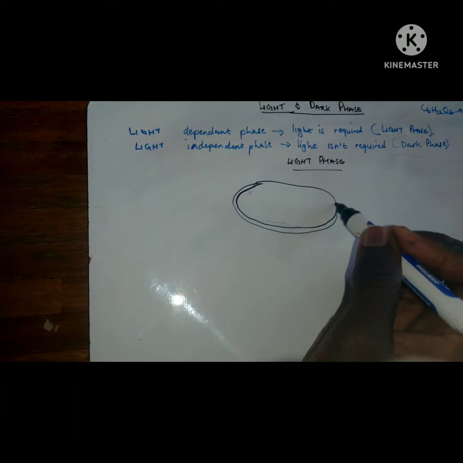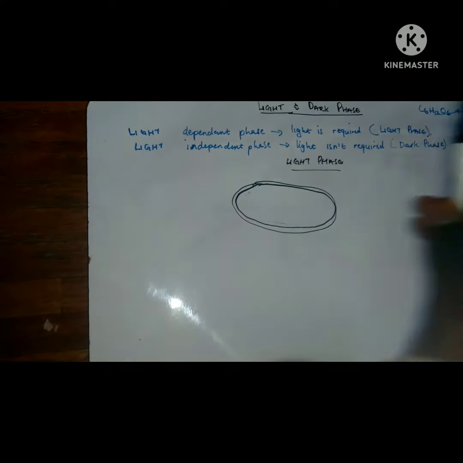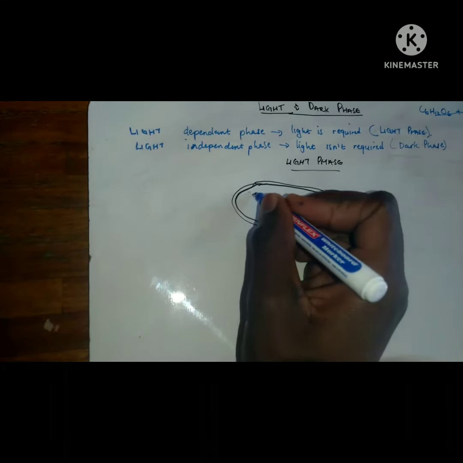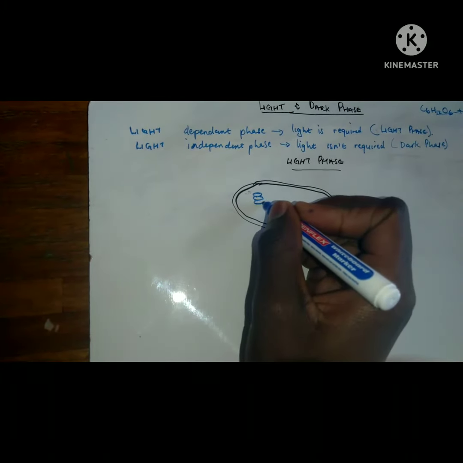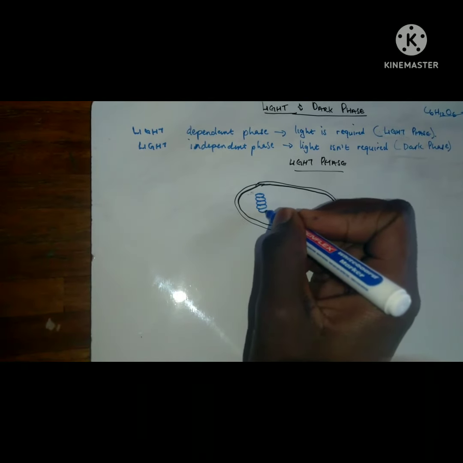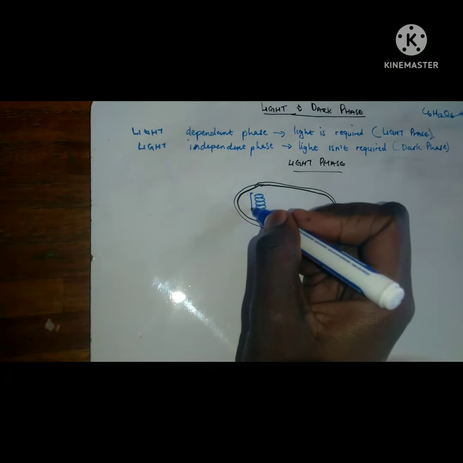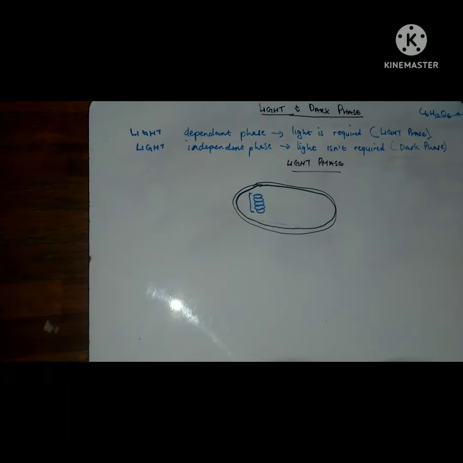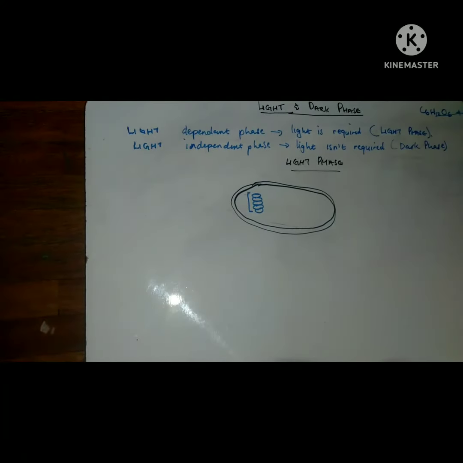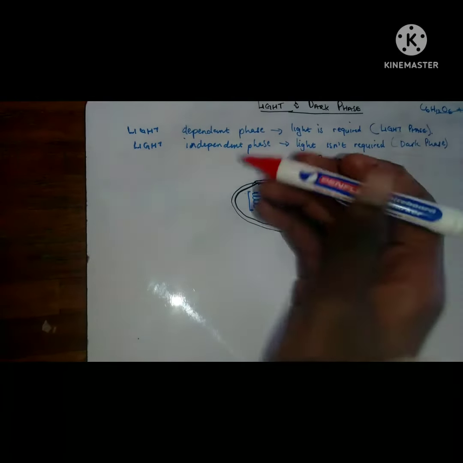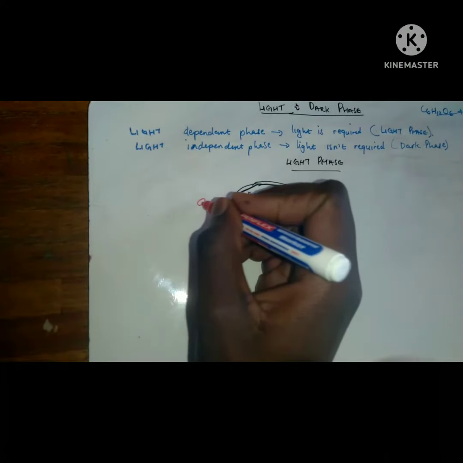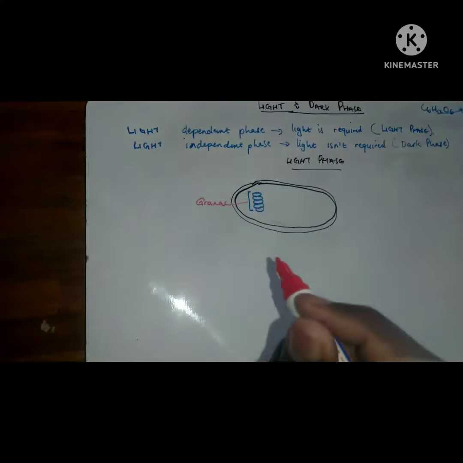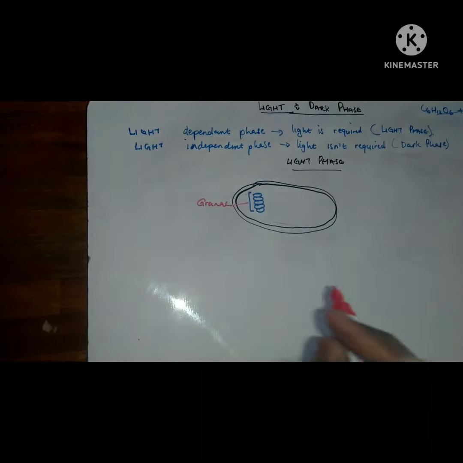So this is our double membrane which is covering the whole of the chloroplast. So we'll have a stack of thylakoids which we call the grana here. We don't have to label the diagrams actually because we labeled them in the previous video, but I'll just do it for the sake of clarity. So this is the grana or the granum. This is the stack of thylakoids.